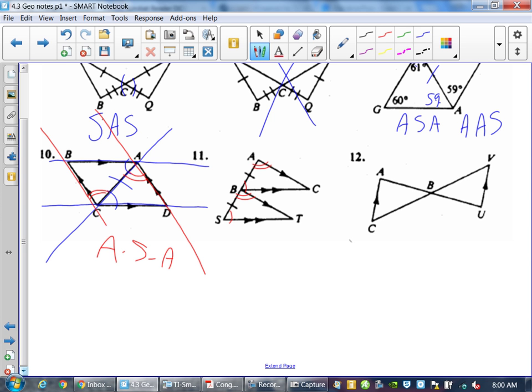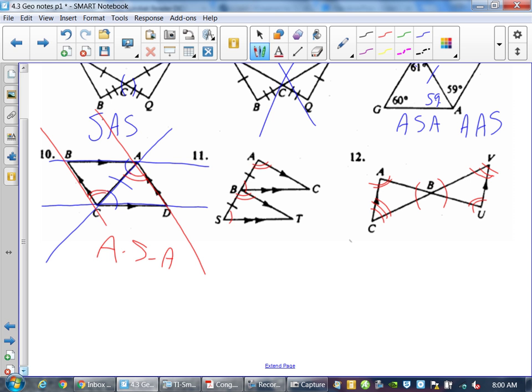12. On 12 we have obviously vertical angles around B. Parallel lines cut by transversals going both directions are going to give you alternate interior angles here and here. What was number 11? Angle, side, angle. We did that one in class the other day. But now in number 12, is there anything that tells us about angle, angle, angle?